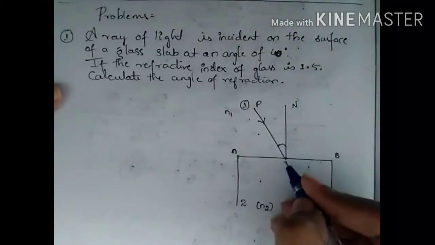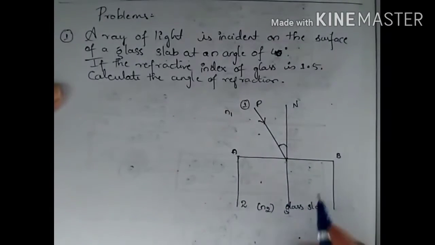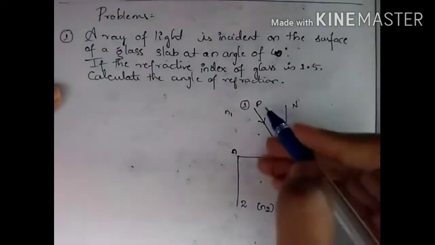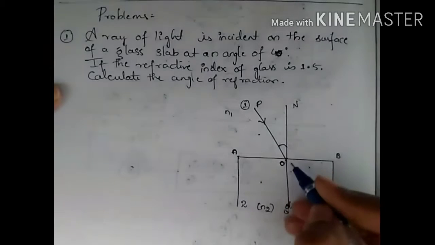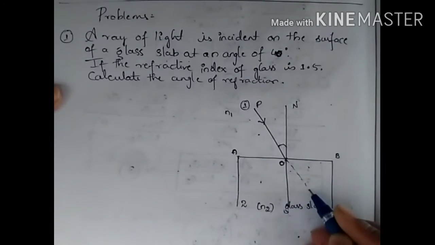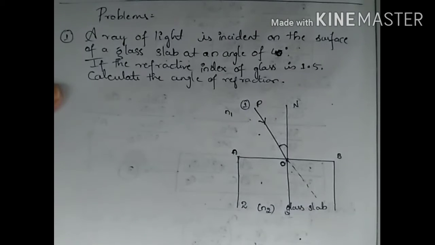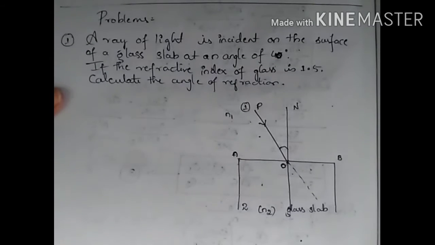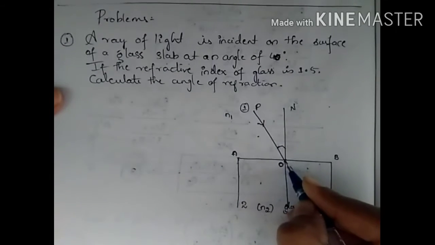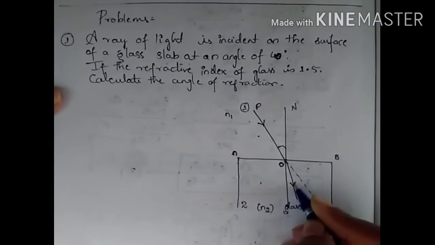Let this be P. Now PO here is the incident ray. This ray PO will get refracted in medium 2. When it moves from medium 1 to medium 2, the light ray gets refracted. Since medium 1 is a rarer medium compared to medium 2, the light ray will get refracted towards the normal and away from the surface.